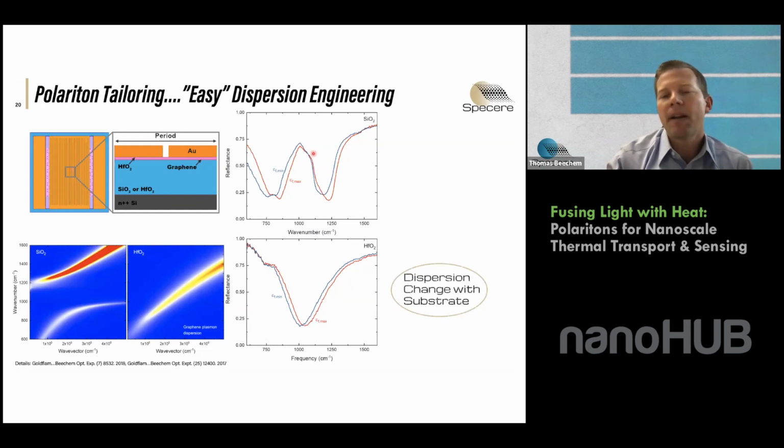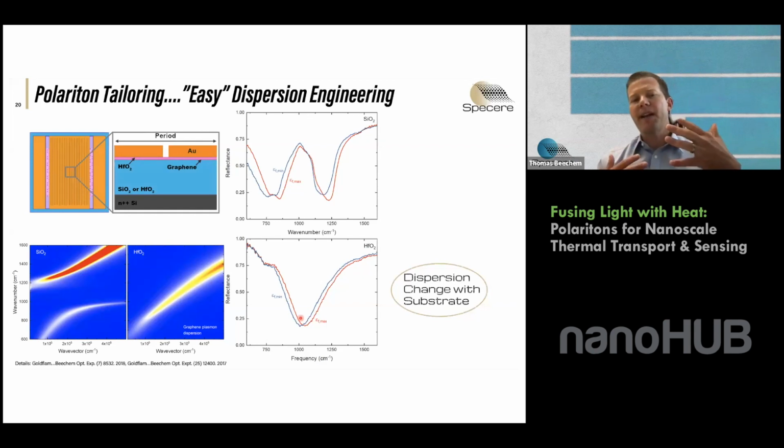our plasmon polariton response changes quite a bit. We still have a change in the reflectance as we put the gate voltage across it, but the whole spectrum has changed quite a bit. And that's all because we changed the plasmon phonon polariton dispersion.